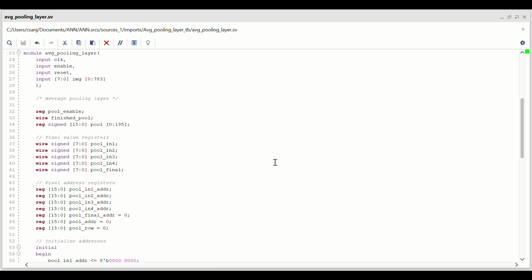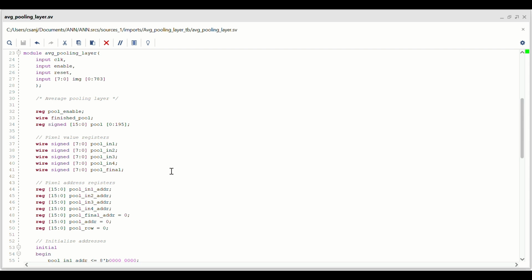So we know what this average pooling module is doing. It is taking my 4 pixel values, and the moment your enable is 1, that means your pooling layer module is saying, okay, proceed with the pooling for these 4 pixels. These 4 pixels are taken as input. The average for this is computed. This right shift by 2 is basically dividing by 2 to the power 2.